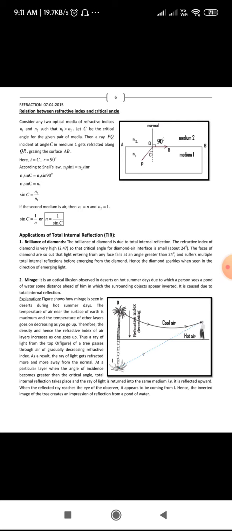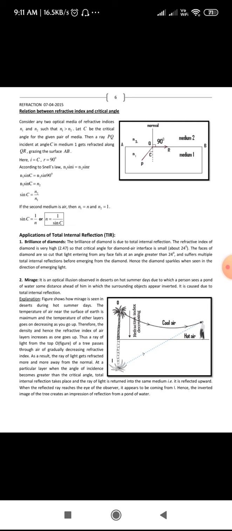According to Snell's law, we have the equation n1 sin i equals n2 sin r. If you substitute i as C and r as 90 degrees, you get n1 sin C equals n2 sin 90 degrees. So you can write n1 sin C equals n2, which can be written as sin C equals n2 by n1.